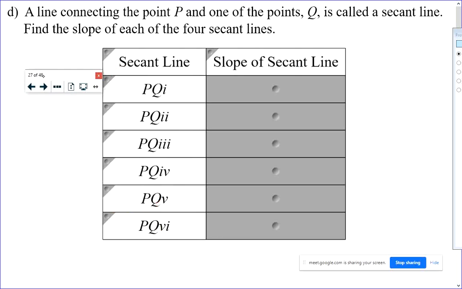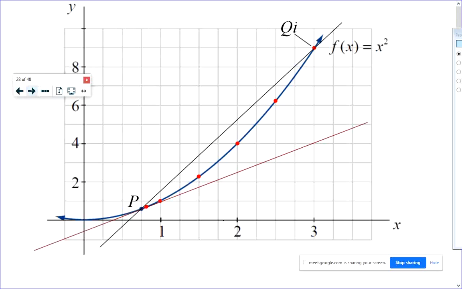So now what? Well, a line connecting point P on the curve, where the line of tangency, which is what we're after, is located, and another point on the curve is called a secant line. So this is a secant line. This line that goes through P and Q1 is a secant line.